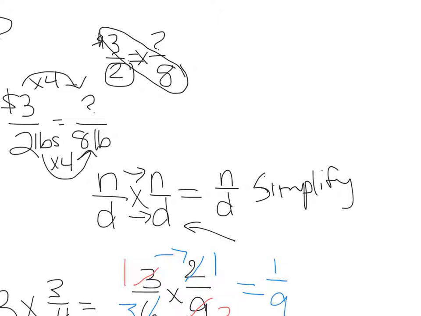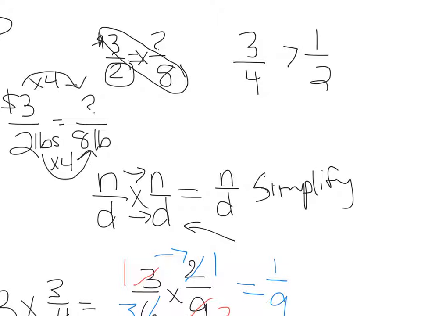Now remember, you can't compare fractions if they have different denominators. So if I were asking you to compare 3/4 and see if it's greater than or less than 1/2, well, you might know that by memory, but in order for you to really know that, they have to have the same denominator. So you have to be able to change one.